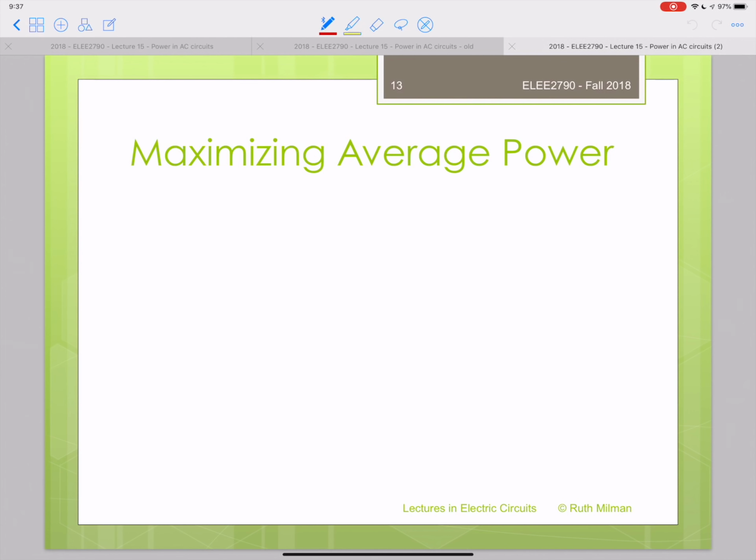Now, it's very important to understand what power does, and in general, we want to make sure that we maximize average power. Over any given cycle, the work from our source is equal to VA IA over 2 times the cosine of that phase shift angle times the period.